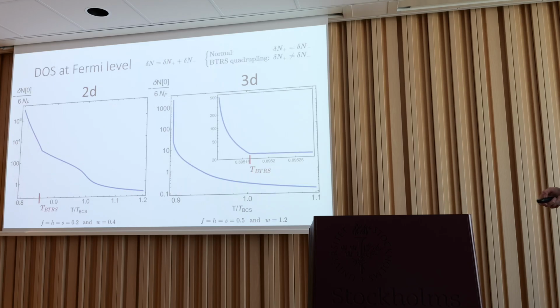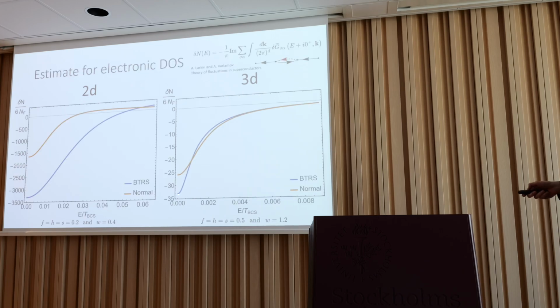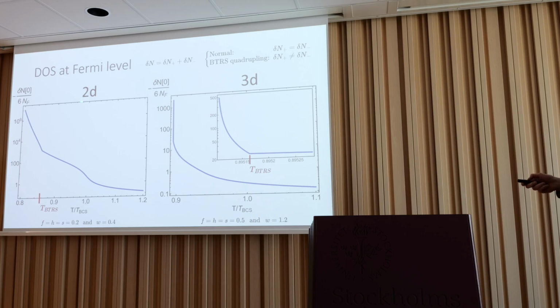Right, and so yeah, this is probably the last point: I also computed how the value of this lowest point at the Fermi level depends on temperature. This is again 2D and 3D, now as a function of temperature, for example with minus this change.